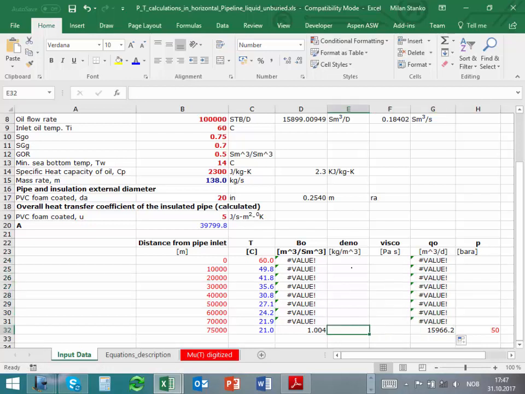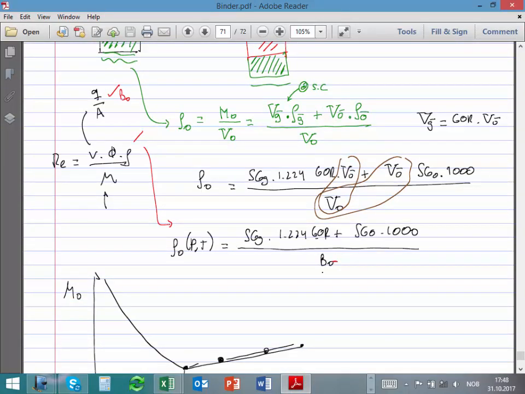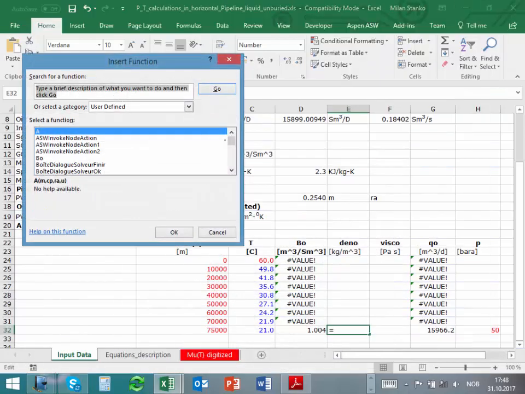Now comes the density. I need the density for the pressure drop to calculate the Reynolds number. So for the density, I use that expression that I showed you before. I have the BO, I have the GOR, so I can calculate very easily. I'm not sure how I called that expression.